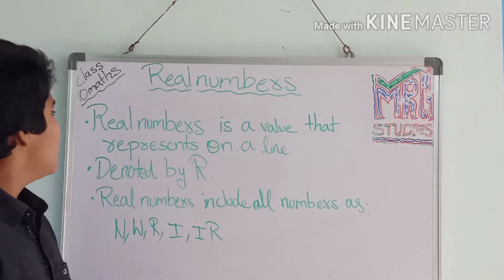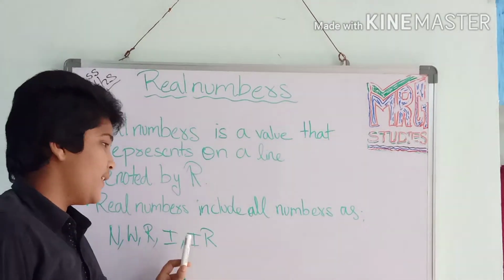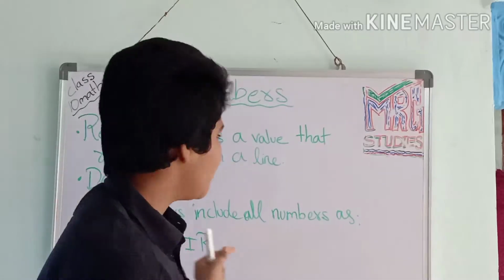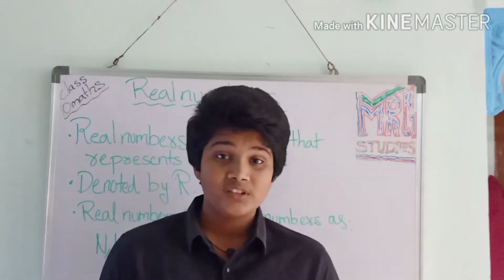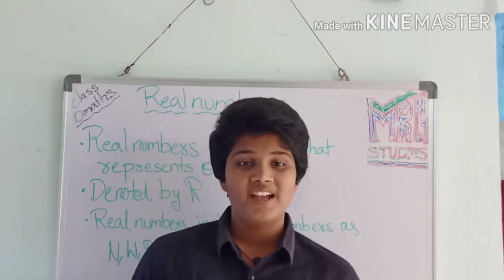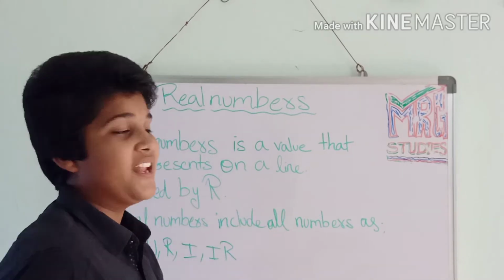Real numbers. A real number is a value that represents a point on a line, meaning we can represent these real numbers on a number line. I told you how to represent rational numbers and fractions on the number line like that.